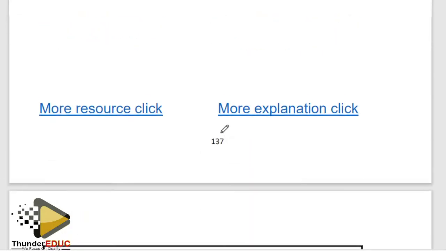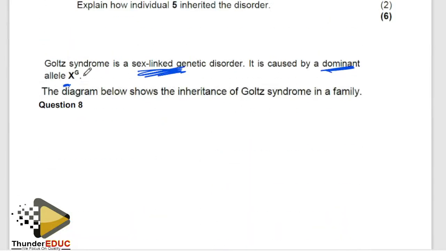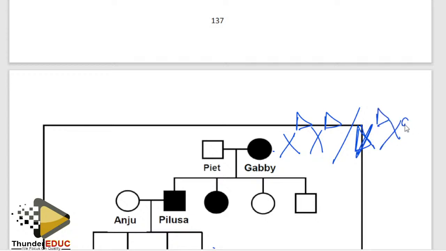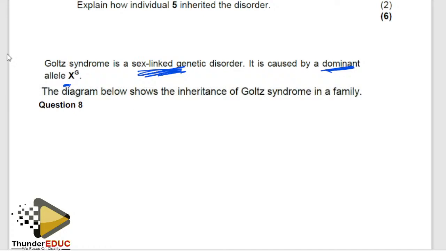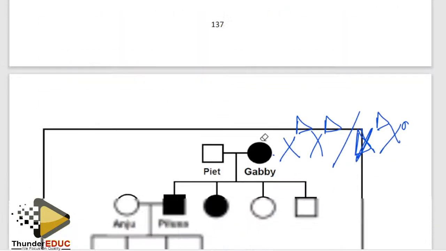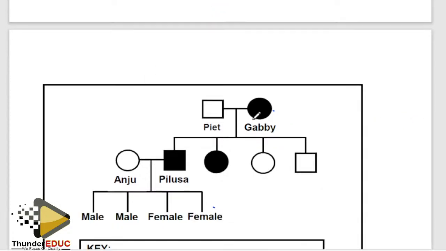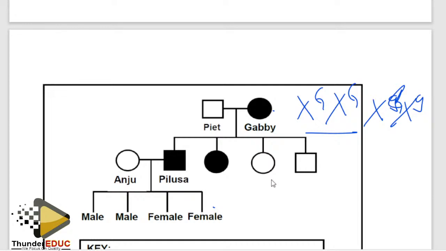But don't forget that this syndrome is caused by a dominant allele. Therefore, these people who are affected are going to carry the dominant allele, capital G. Is it capital D? No, they used G. Sorry guys, they used G. Please use the letter they have given you. Don't just use what you think is correct. Therefore, it's going to be X capital G, X capital G, or X capital G, X small g. Yes, but now I need to find out, what about this one?